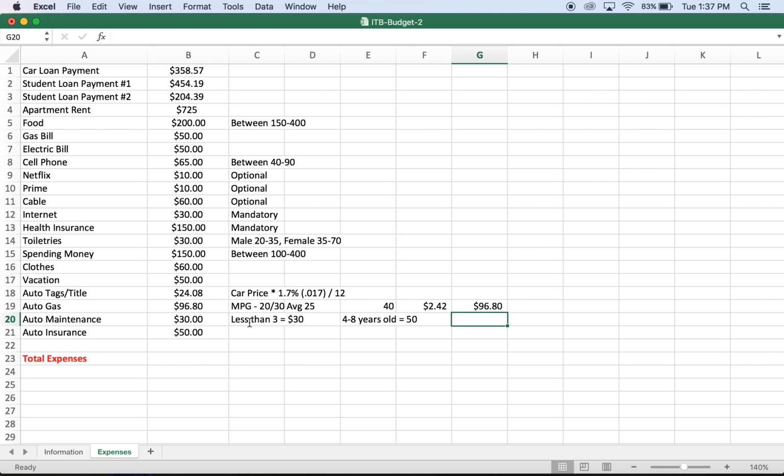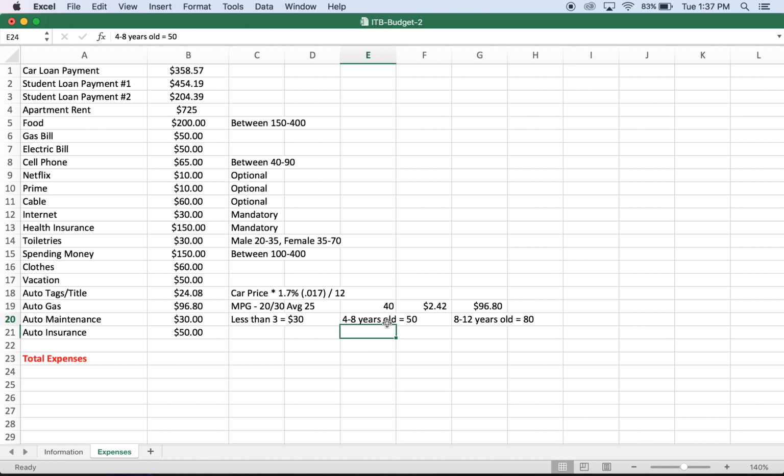More things are going to go wrong. If you have a car between 8 and 12 years old, you might be looking at something like 80 bucks per month. Anything older than that, ask me.